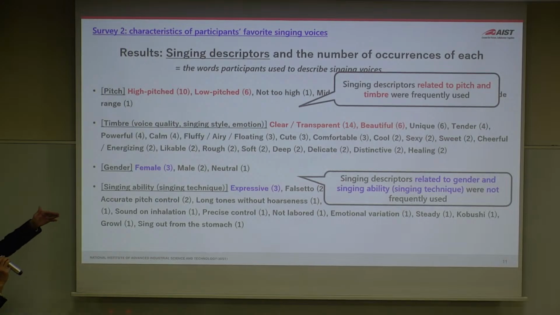We call this kind of words singing descriptors. Singing descriptors related to pitch and timbre were frequently used. For example, high pitch was used 10 times. On the other hand, the singing descriptors related to gender and singing ability or singing technique were not frequently used. That's why we focused on pitch and timbre of singing voices.